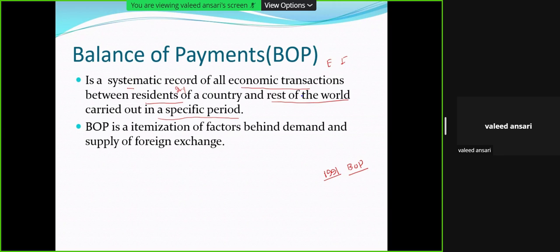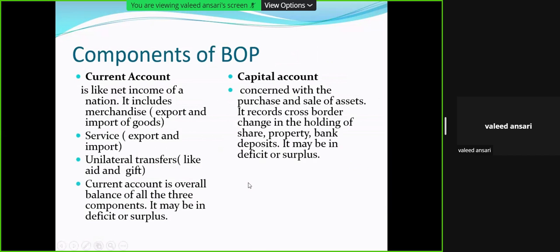Now, what balance of payments tries to do is record all the transactions which result in supply of foreign exchange or demand for foreign exchange. Let us have a look at these components to make it clear.